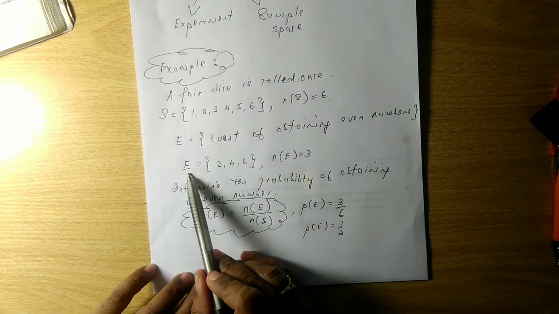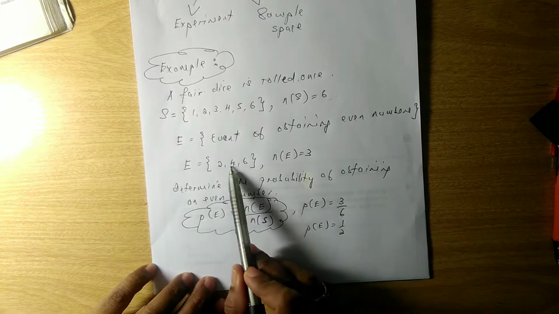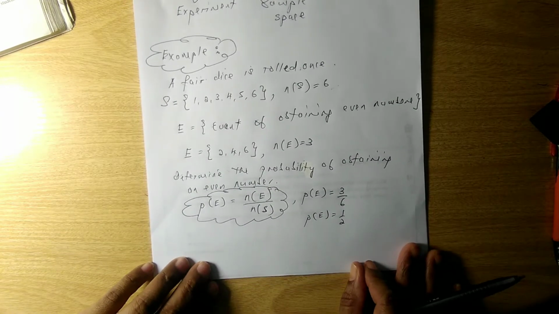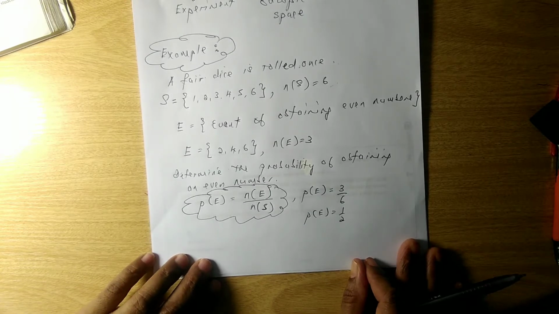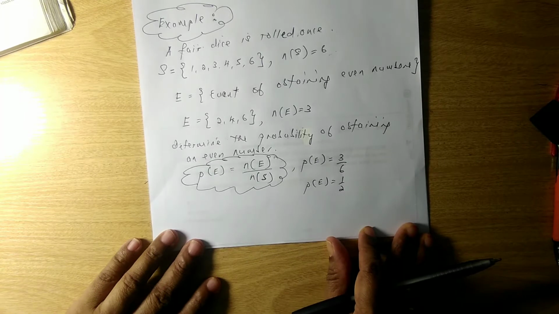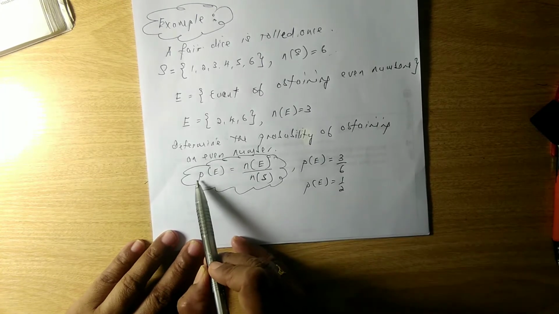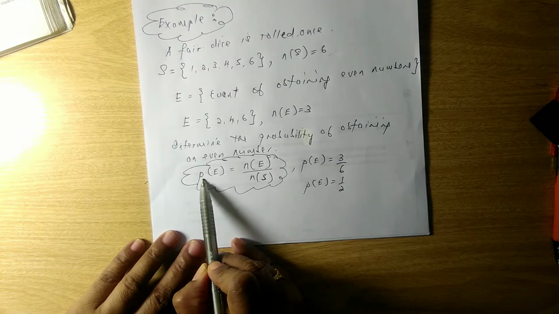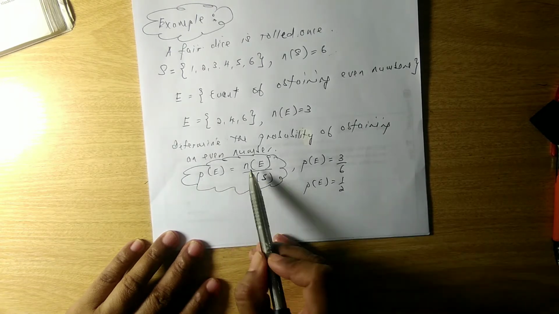Now they want us to determine the probability of obtaining even numbers. This is the formula for probability, which you have seen earlier. The probability of event E is the number of elements in event E over the number of elements in your sample space.